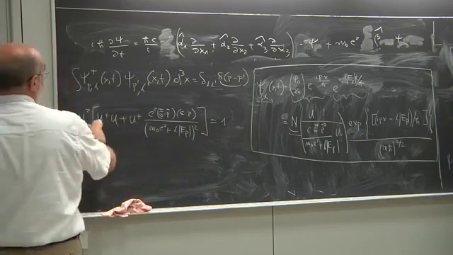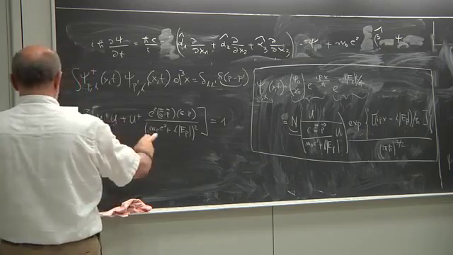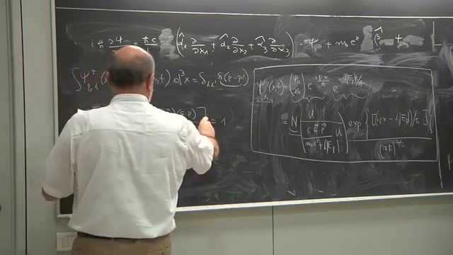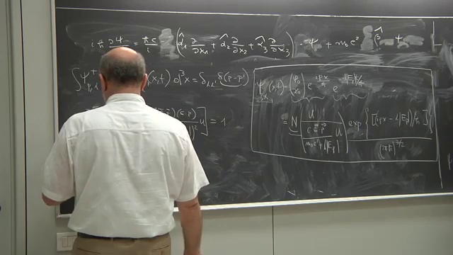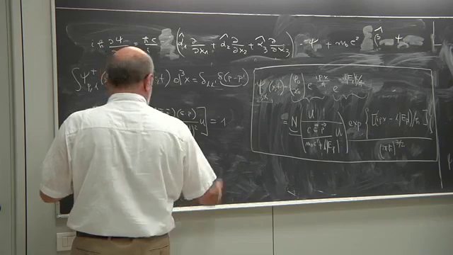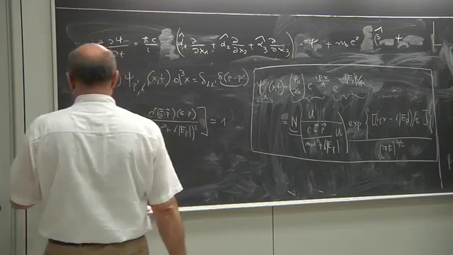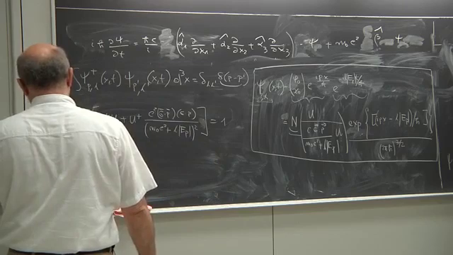Well, remember that this is 1. Sorry, here there is a u. No, there is no u here. You dagger times that matrix.